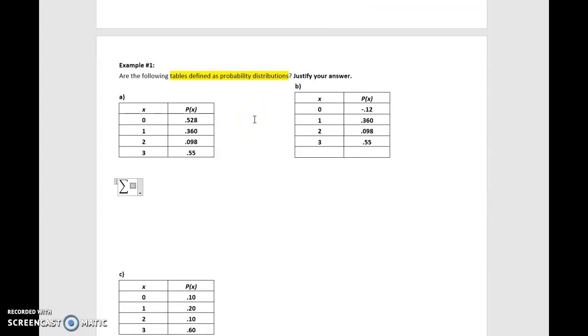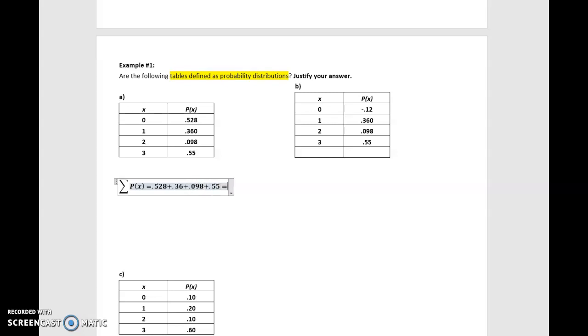So if we try to add the probabilities of P of X, we would be looking at 0.528 plus 0.36 plus 0.098 plus 0.55.